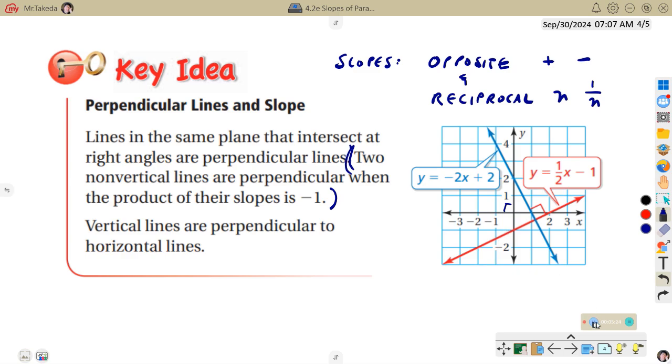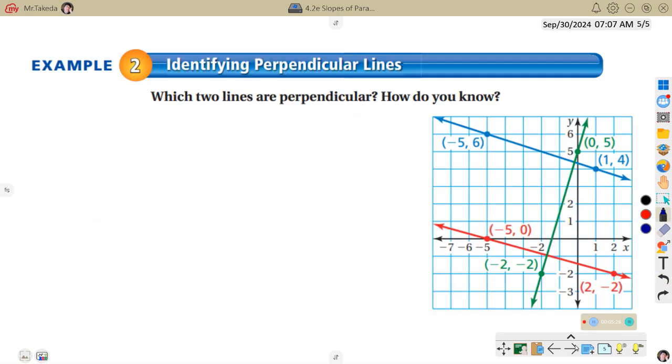Let's take a look at the same thing here. Which two lines are perpendicular and how do we know? Let's demonstrate this. For the blue line, I'm calculating the slope: 6 minus 4 over negative 5 minus 1. That's 2 over negative 6, which reduces to negative 1/3.